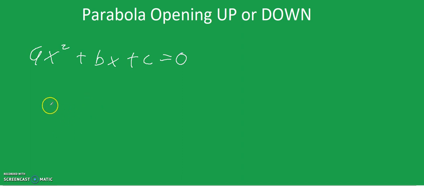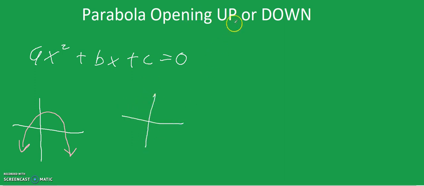Now when I graph these quadratic equations, they're either going to look like this, they're going to be downwards like this, or they're going to open upwards like this.